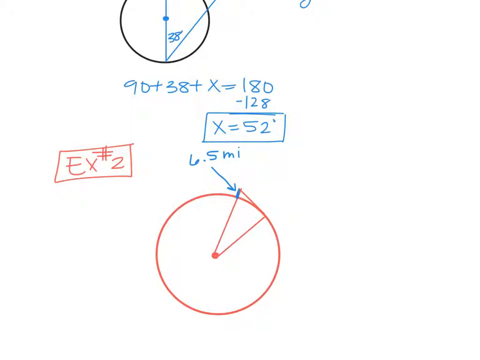The radius here is 4,000 miles. Okay, and I want to know y, not W-H-Y, the letter y, the variable. I want to know what y is. So if I tell you that this is tangent to the circle, how can you find y?